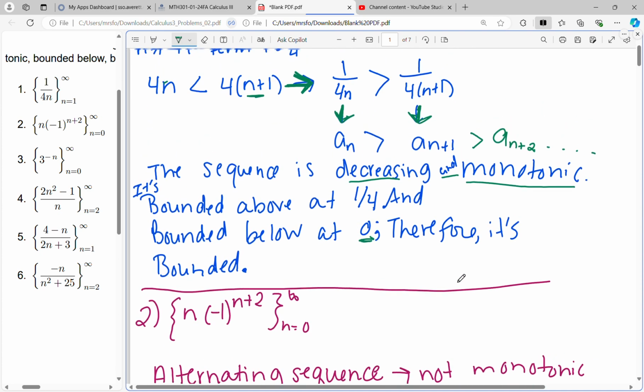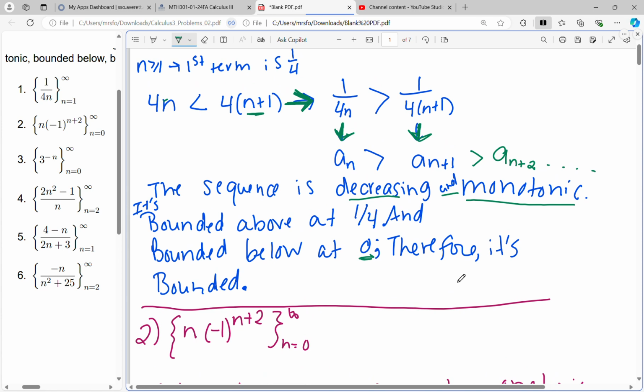Alright, so now looking at number 2. I will scroll down as we get to it. So we're looking here. I just rewrote the sequence over here.